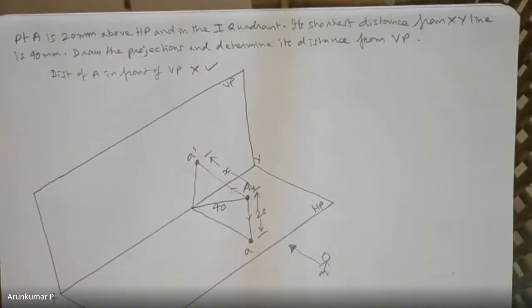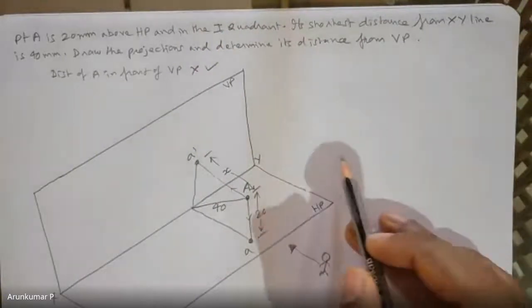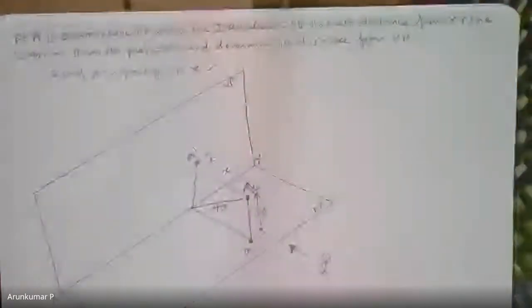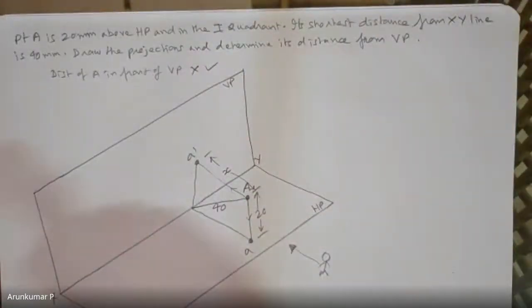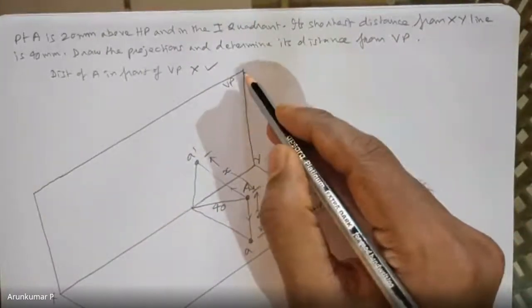Yeah, the angle can be found out, but how will you proceed? See, finally you have to draw it in 2D. Okay, let me show you one more thing here. Suppose you take a side plane, let us say RPP.